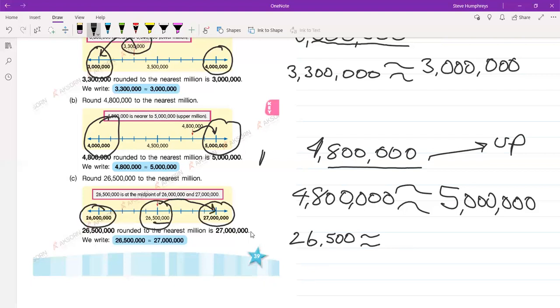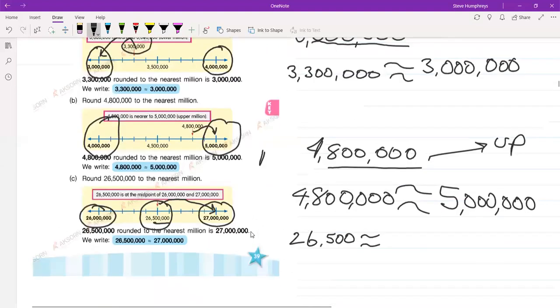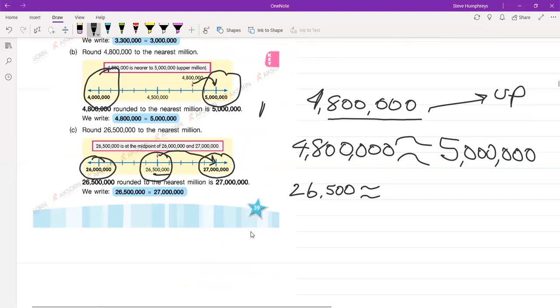go back up here. It will be in that range, 500,000 to 999,999, round up. So let's round it up. Sorry, that's not correct, is it? It's not 26 million.